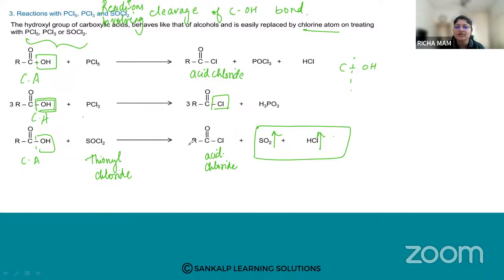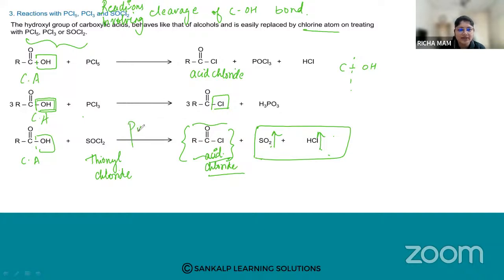So the acid chloride formed will be in large amount, because the gases escape and we can easily get the product. There is no need for any further separation, because both the byproducts are gases. The gases will escape and we get the acid chloride, so the yield will be more.